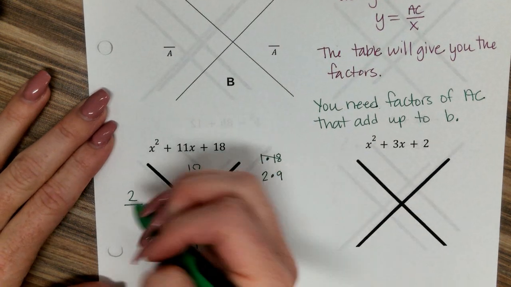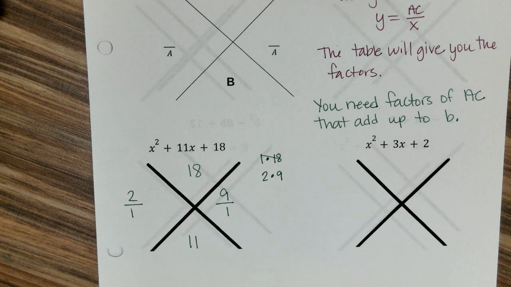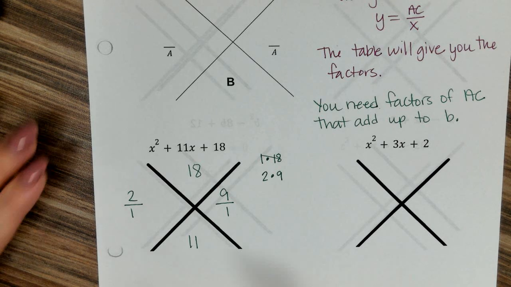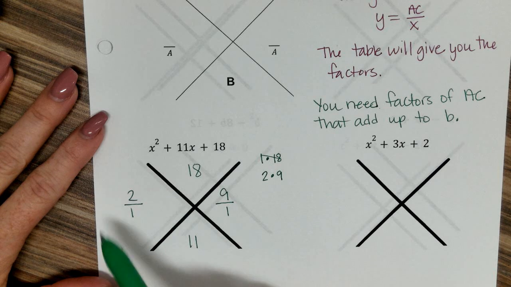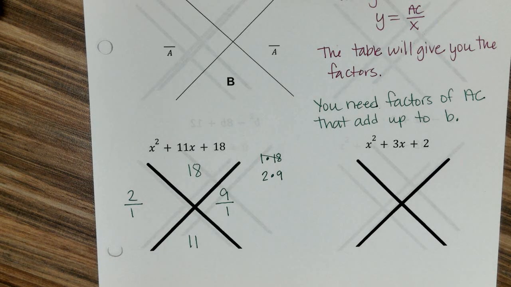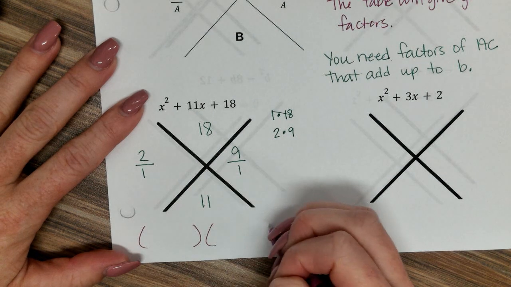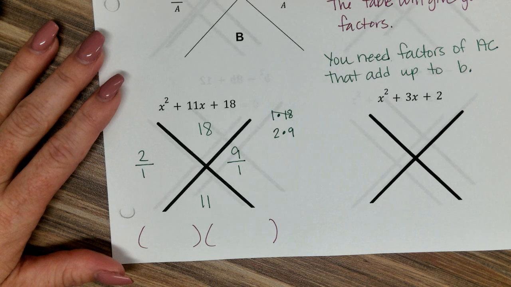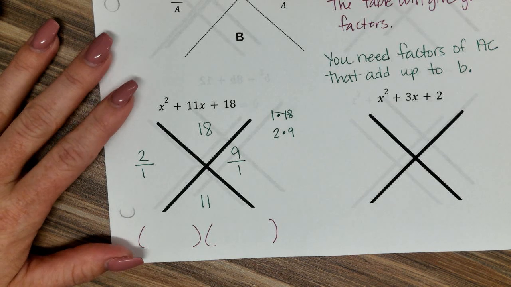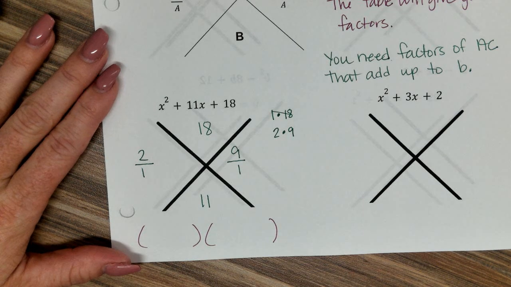And then what goes on the bottom? A. So A is what today? So for today, A is always going to be 1. But next week, A might be 2 or 3. If you get an A that's a big number, you have to simplify the fraction before you move on. Today, you won't need to simplify anything because the denominator is 1. Now you make your parentheses down here, and all you're going to do is drop these numbers here.